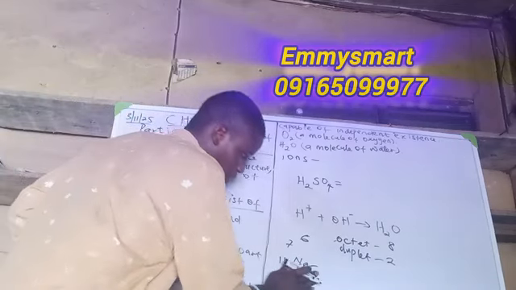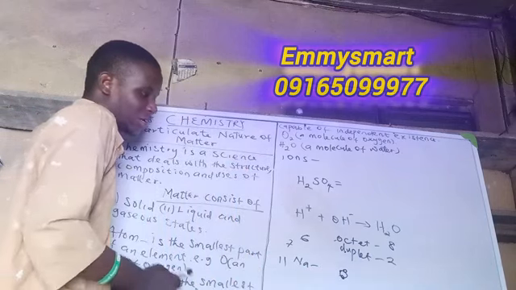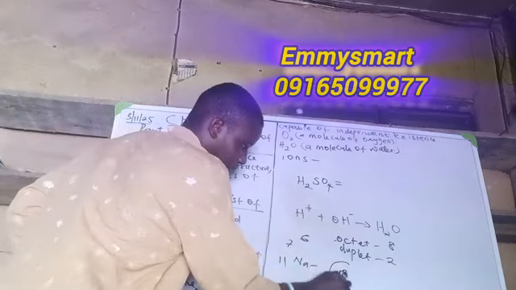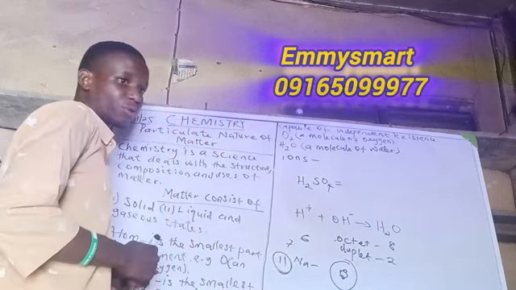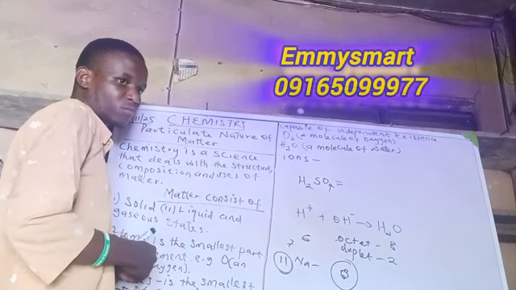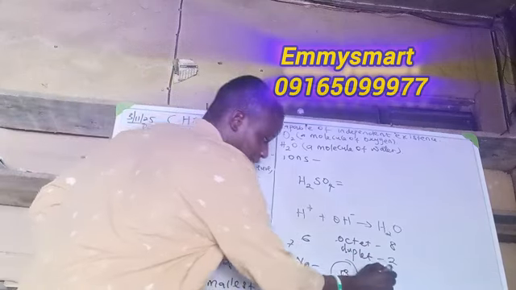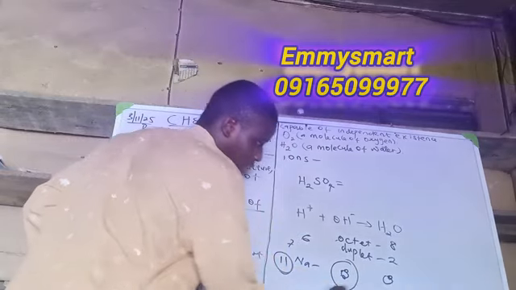So sodium is 11, which means the inner shell can only accept 2 electrons. Then we have another shell because it is not yet complete. The electrons are supposed to be 11, and I've deposited 2 already in the innermost shell. When we talk about the duplet structure, we're talking about something like hydrogen, which has only 1 electron.